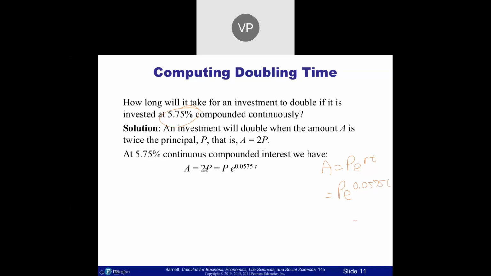That's what goes in there. Remember, divide it by 100. Now, in place of A, I'm putting that 2P. And what's unique is it doesn't matter what your principal is because you're doubling it, so it's irrelevant. What I'm going to do, like we did on the last problem, is divide the P away, and all I get is this right here.